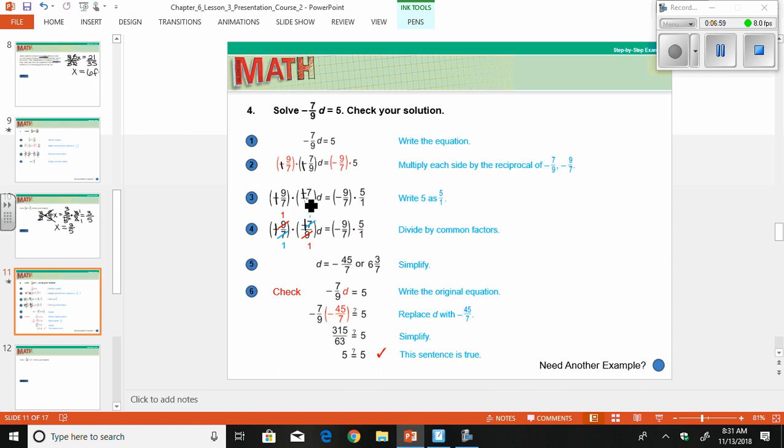You do it to one side, you multiply the other side by -9/7. There's nothing to cancel. We're left with -45/7, which can reduce or turn into a mixed number of 6 and 3/7, especially something like this.